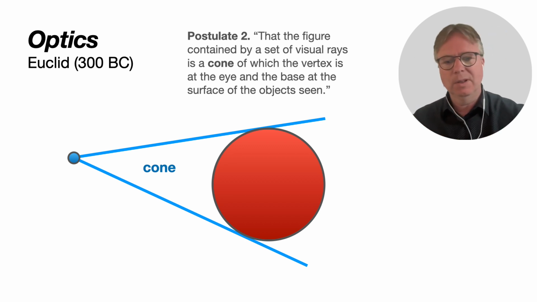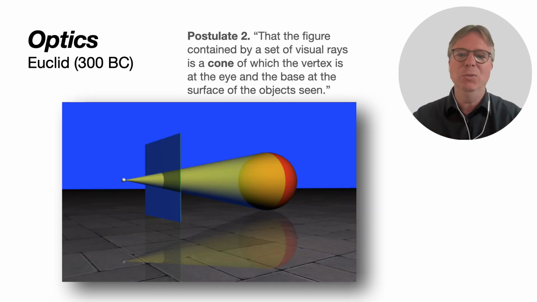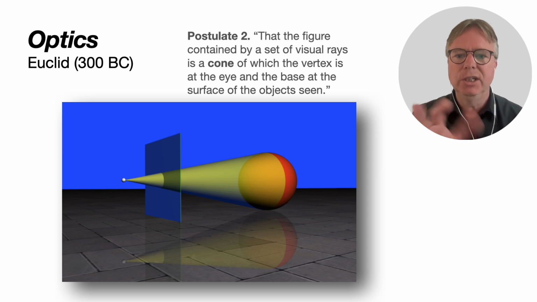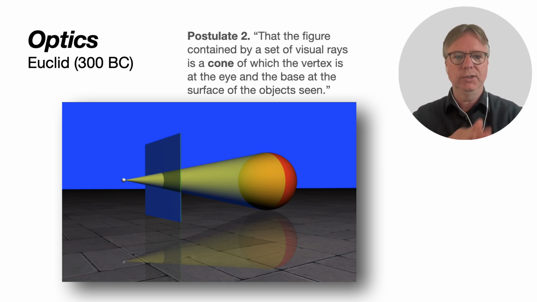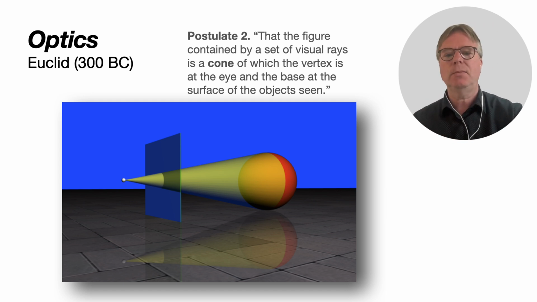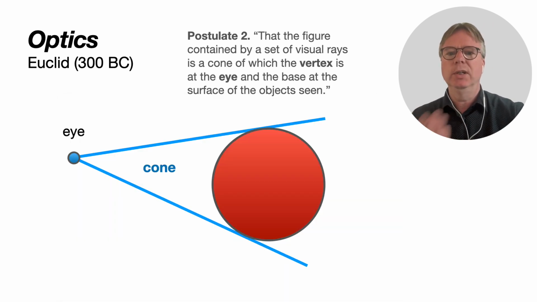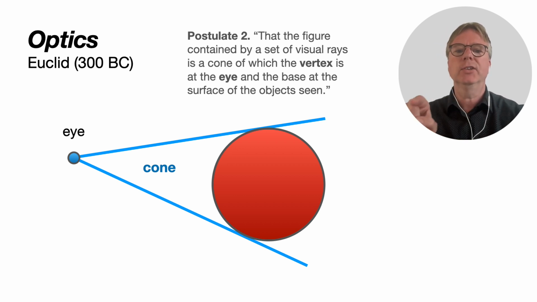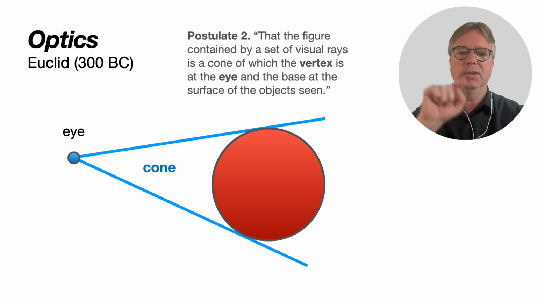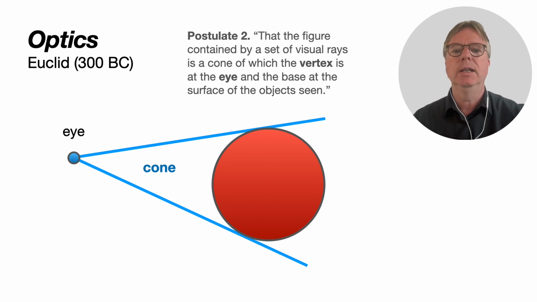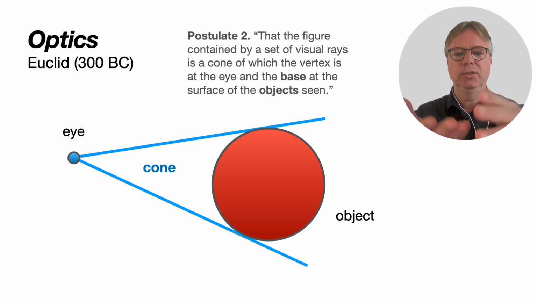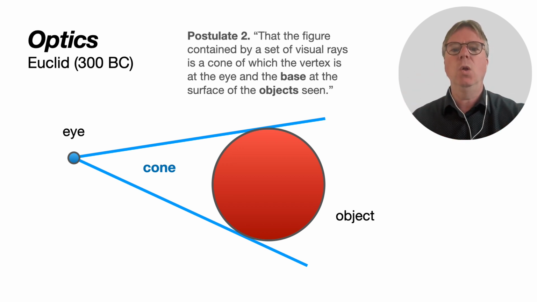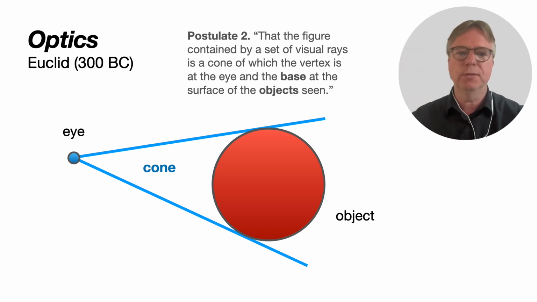Let's look at that in 3D. We need the yellowish green cone. It's a circular cone. That's what we need. So the vertex of that cone is on the left, it's the eye. And the base of the cone is all the light rays that graze the surface of the object.